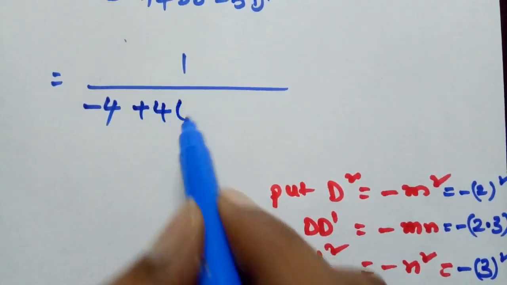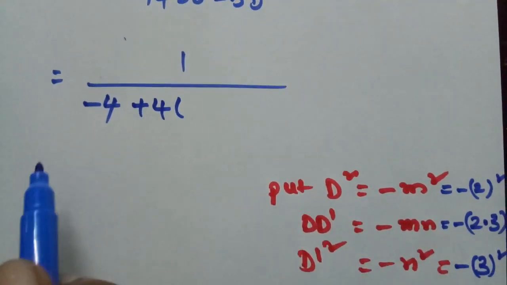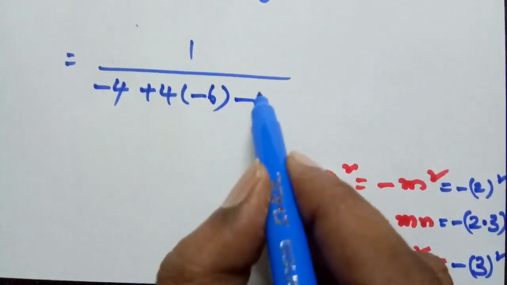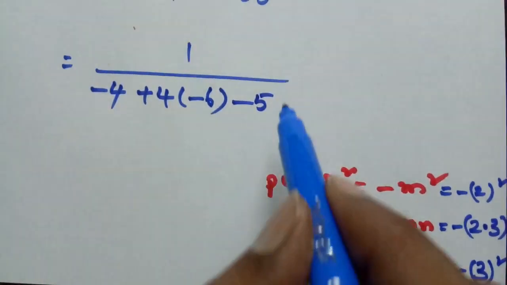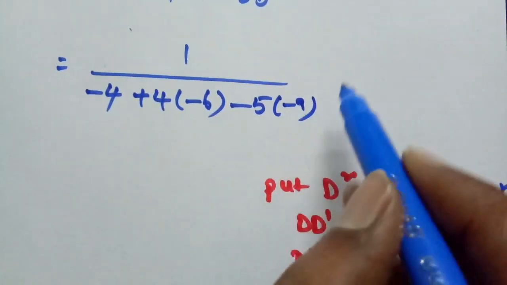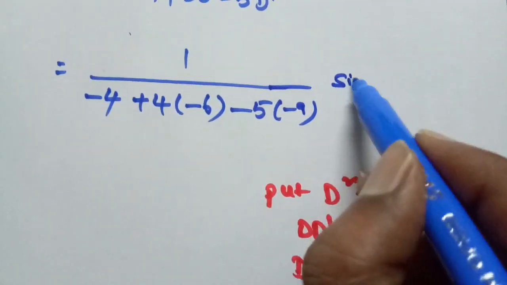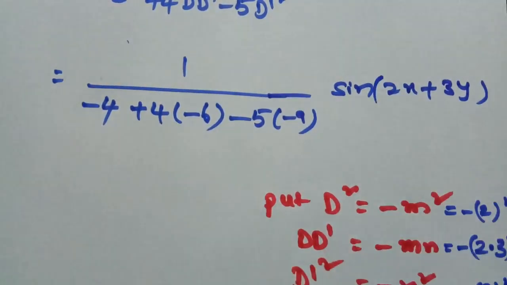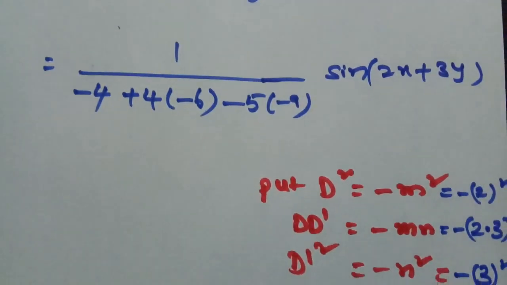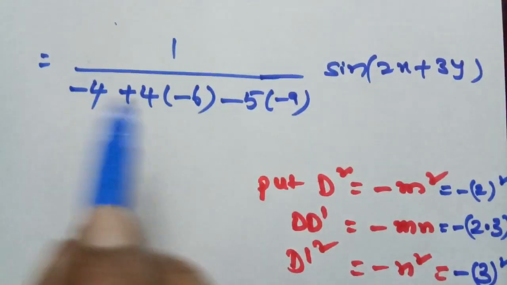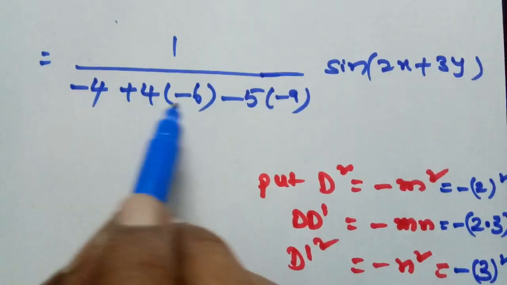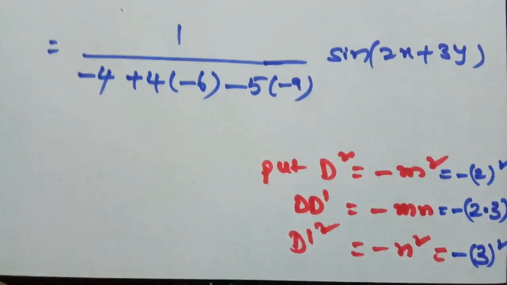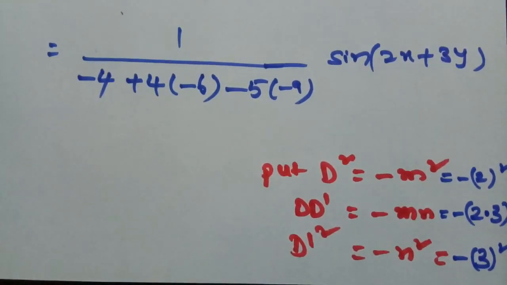Therefore, D square is equal to minus 4, plus 4 into D D dash, minus 2 into 3, minus 6, minus 5 into minus 9, into sine of 2x plus 3y. Therefore, simplify the denominator. Minus 4, 4 into 6, minus 6, minus 24, minus into minus, plus 5 into 9, 45.